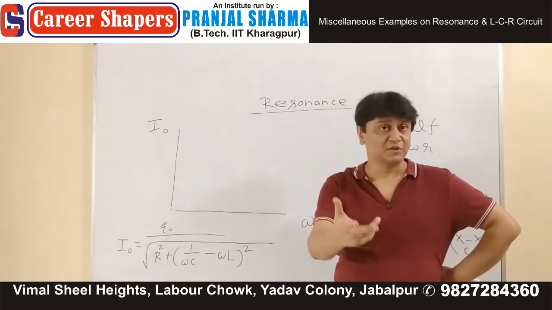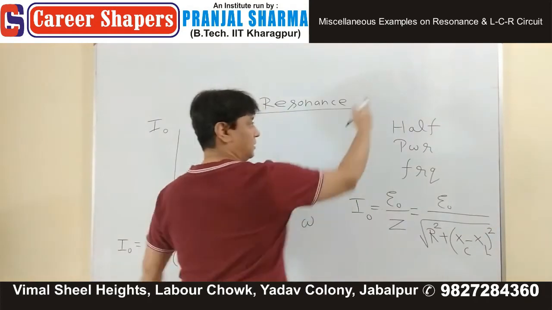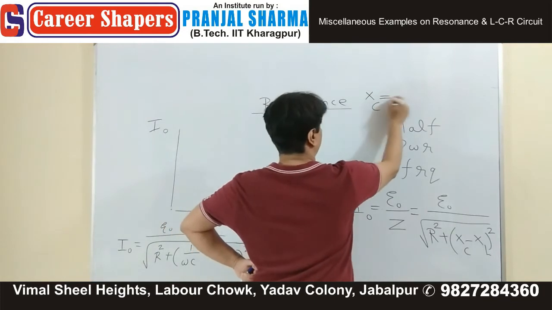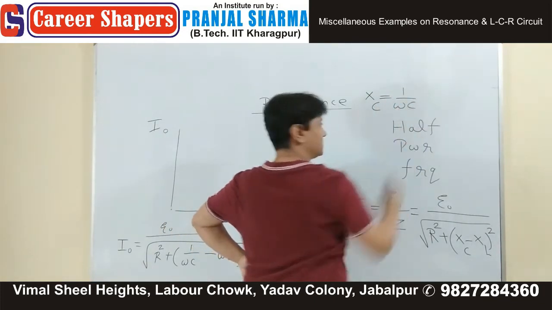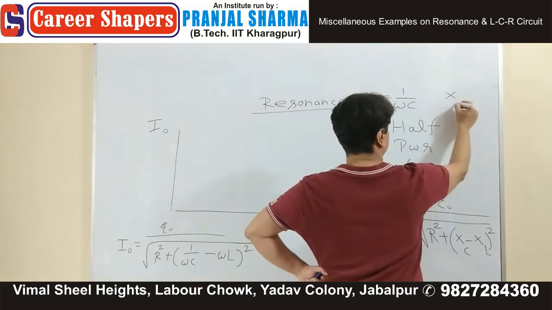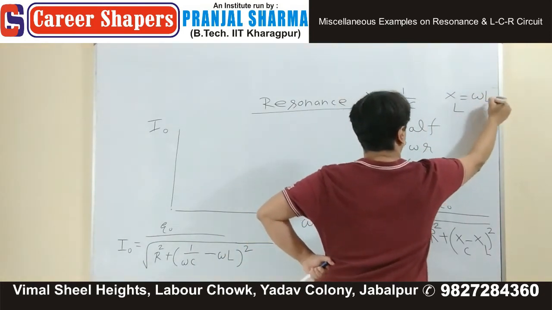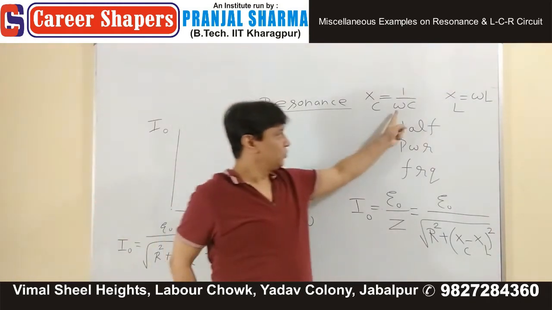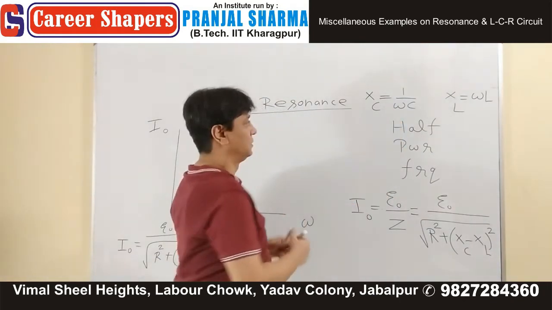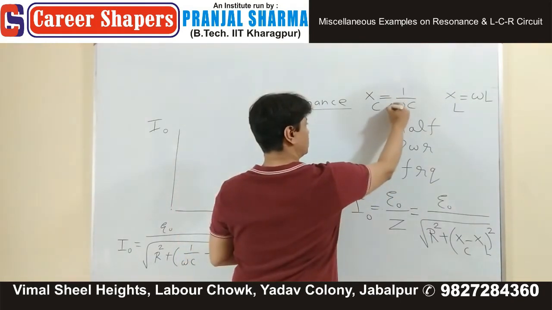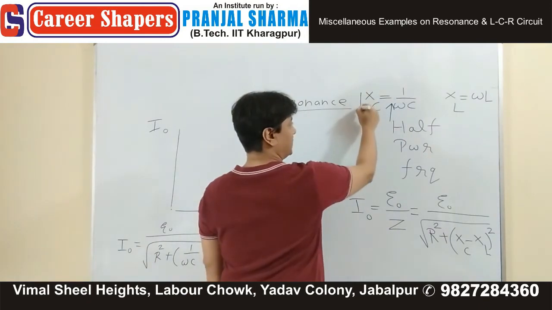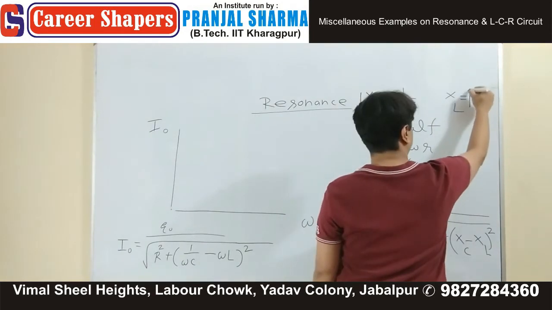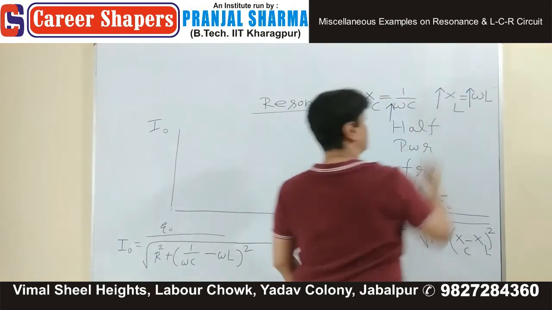Why will it become minus 5? What is XC? 1 upon omega C. What is XL? Omega L. What does it tell us? If you increase omega, then XC is going to decrease, whereas if you increase omega, XL is going to increase.